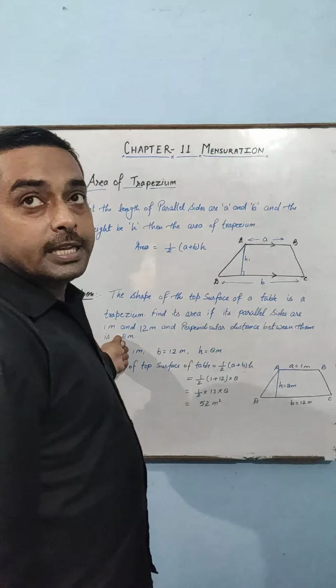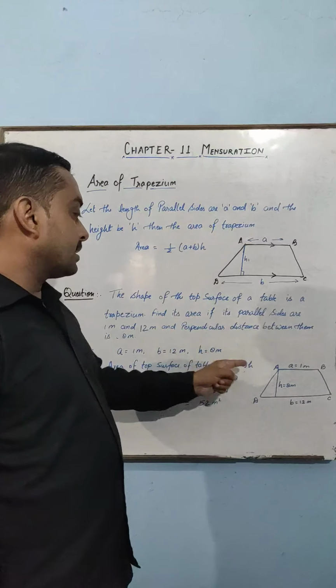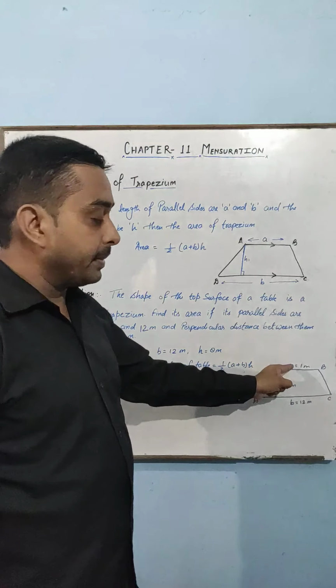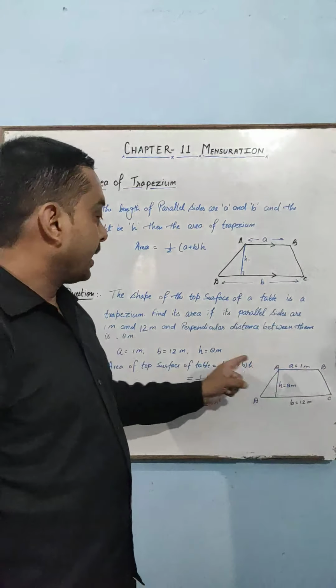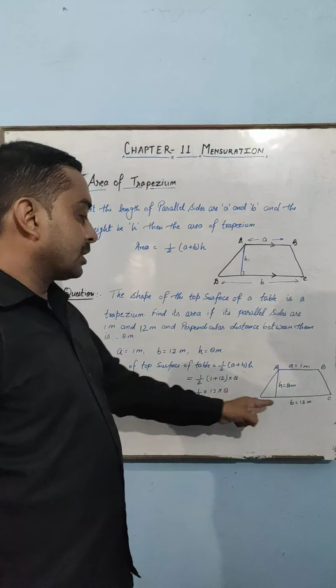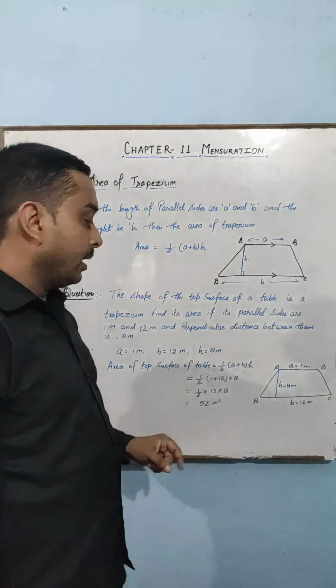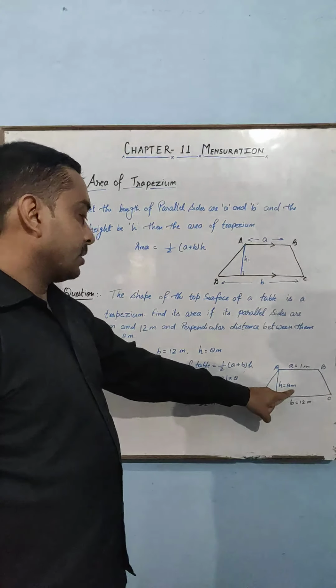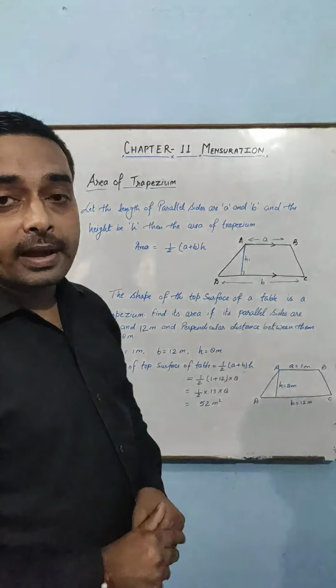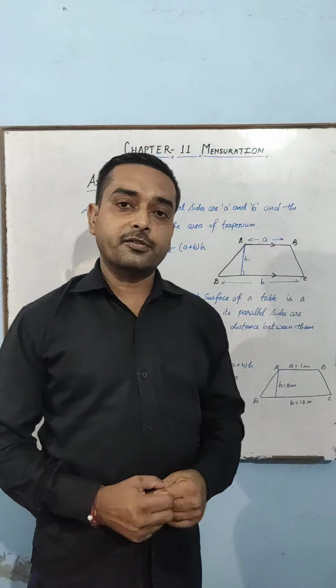Okay, now see, there are parallel sides. One of them is A, 1 meter, and the other parallel side is B, 12 meter. The distance between the two parallel sides is 8 meter. So we have to find the area of the top surface of the table.